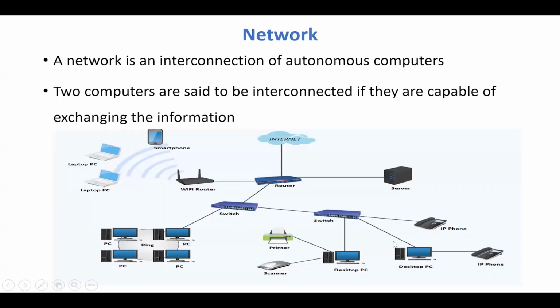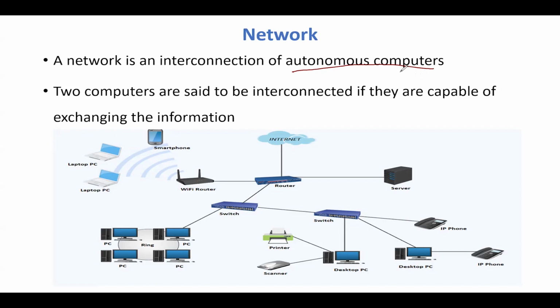So by now that we are clear about how we are going to complete this chapter, let us start with the introduction. So what is a network? So we all are aware, around us we will see different kinds of networks, isn't it? So what is a network? A network is an interconnection of autonomous computers. Now, here we are talking about computer network, hence I'm talking about autonomous computers.